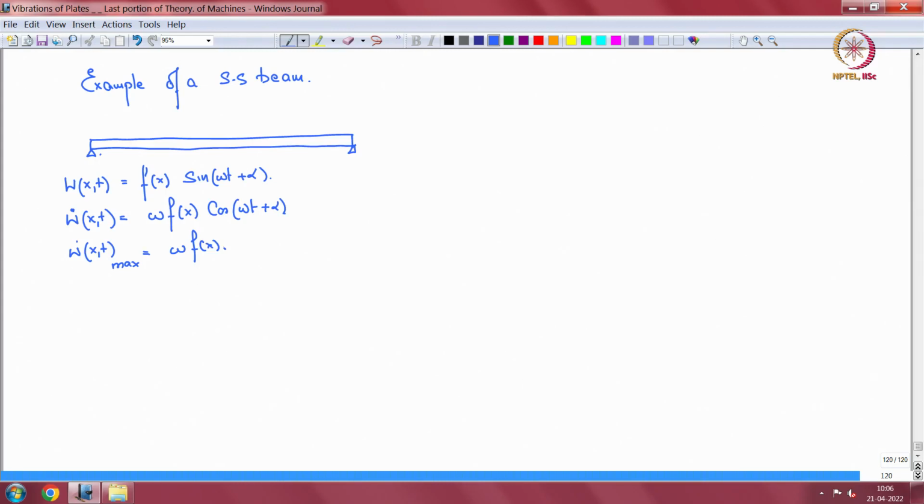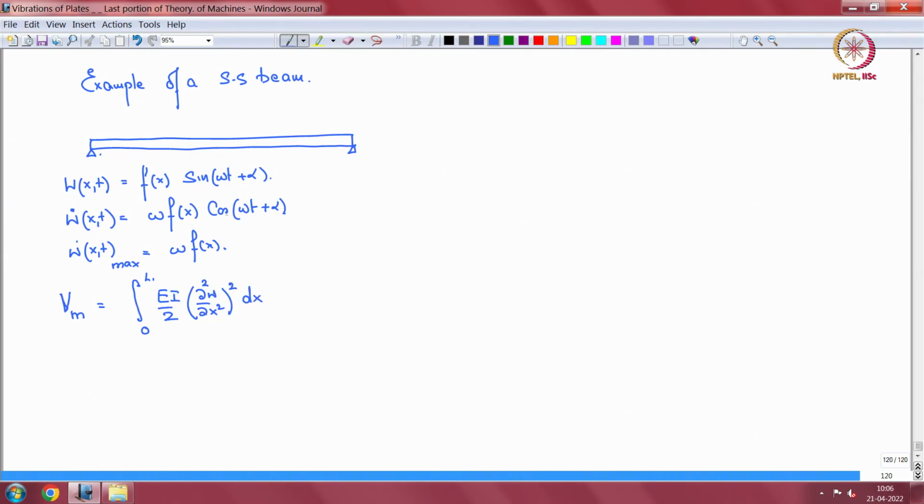Now if we compute the strain energy in the beam, that is the integral from 0 to L of E I by 2 times (del 2 w by del x squared) whole squared dx.